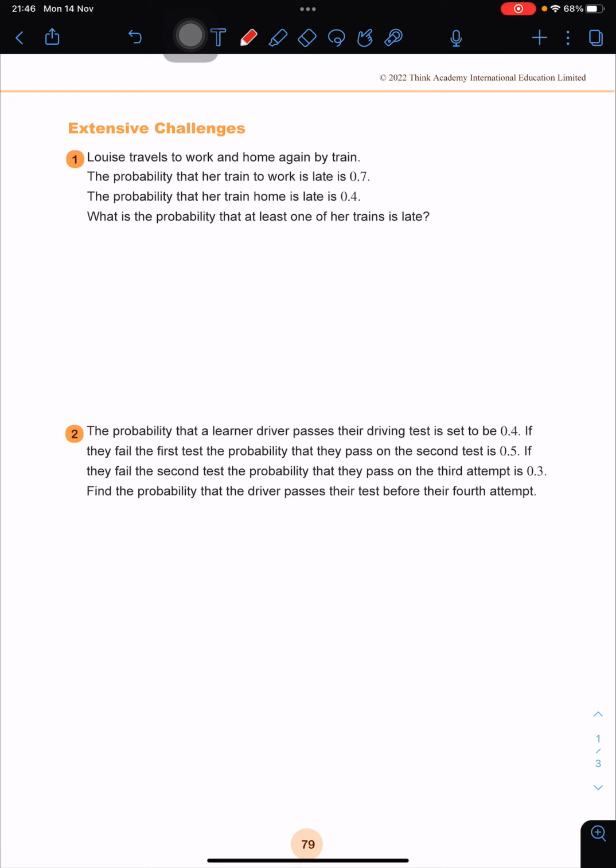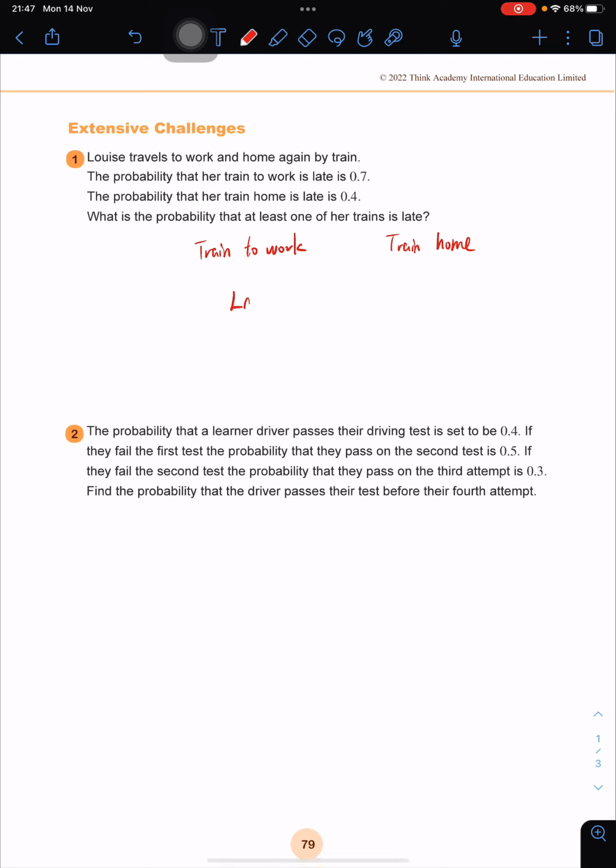All right, so first of all, we just need to draw all the probabilities by a tree diagram, like all the possible outcomes. So this is the train to work, and then we have the train home.